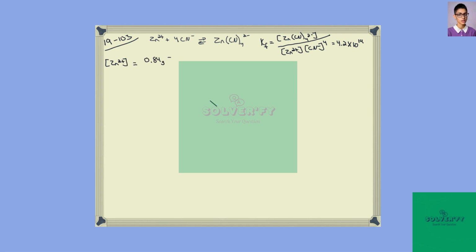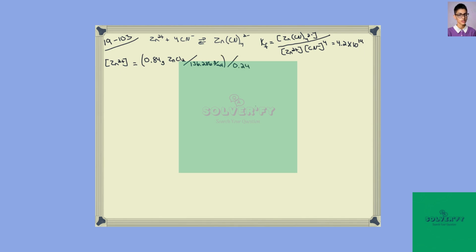We can determine the zinc concentration by recognizing that zinc is being provided into the solution as zinc chloride. Zinc chloride is soluble according to the solubility rules, so it will completely dissociate. So if we take 0.84 grams of zinc chloride and divide by the molar mass of zinc chloride, that will tell us the moles of zinc chloride that we have added to the solution before this reaction occurs.